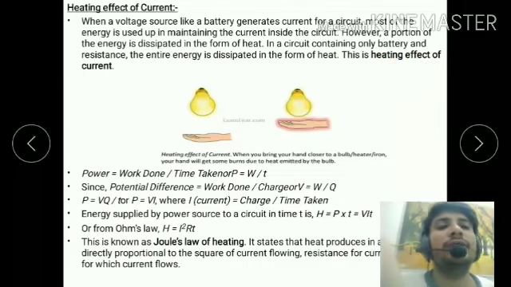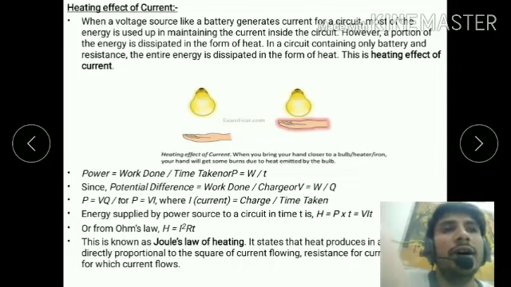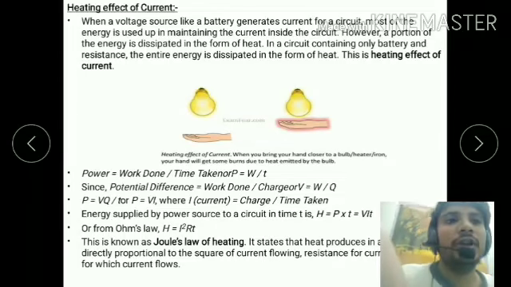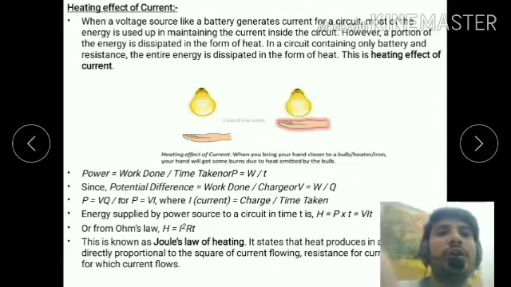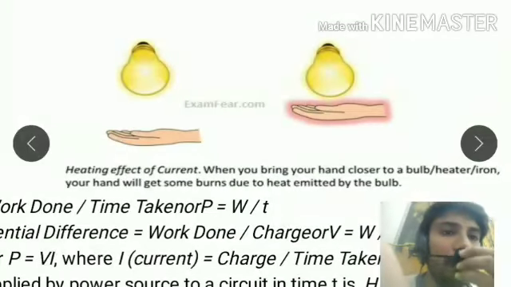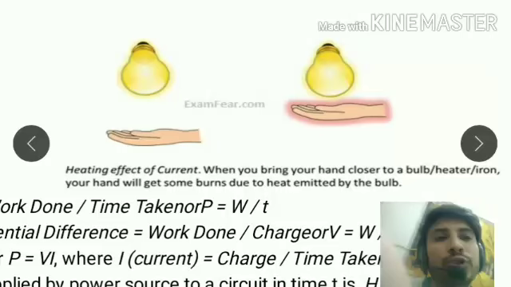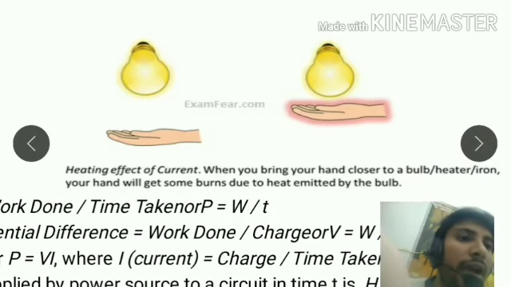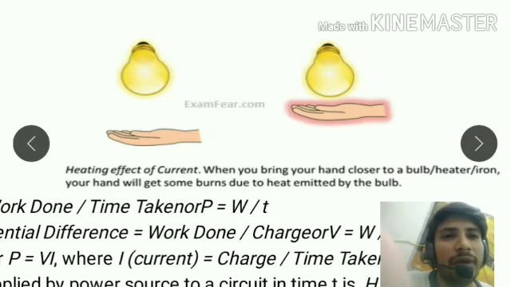This is called heating effect of current. Dissipated means energy comes out. Now you can see this is the heating effect of current. When you switch on a bulb, it starts to glow and it produces energy in the form of heat.